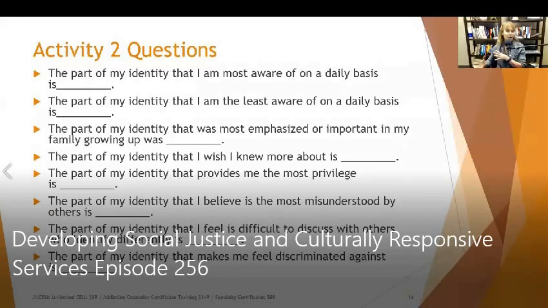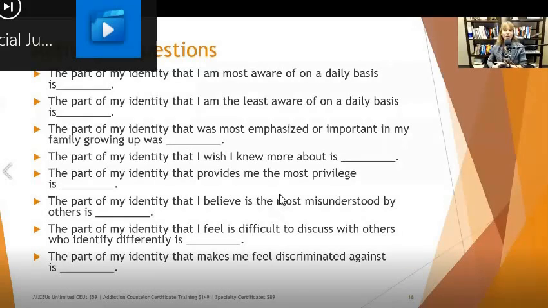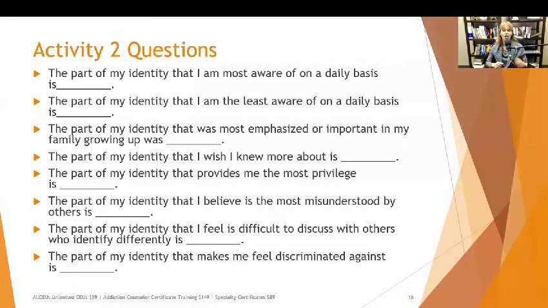Privilege here. The part of my identity that I believe is the most misunderstood by others. The part of my identity that I feel is difficult to discuss with others who identify differently is. So, for example, some people may have difficulty discussing their ethnicity with someone of a different race or ethnicity or religion, and they may feel that's a very uncomfortable discussion.